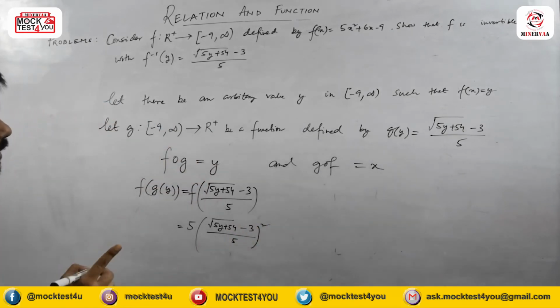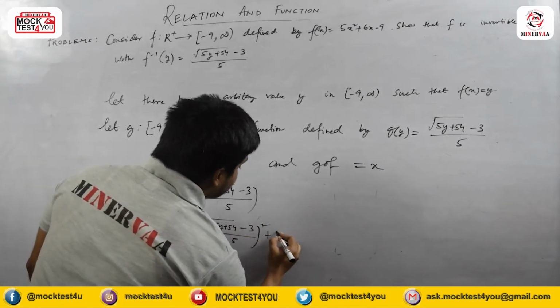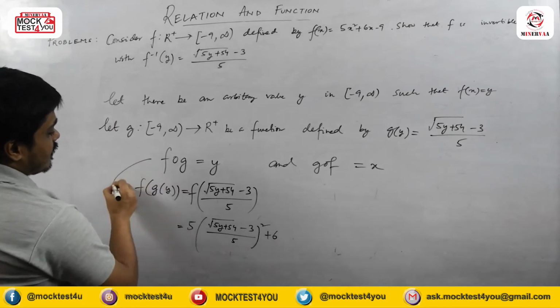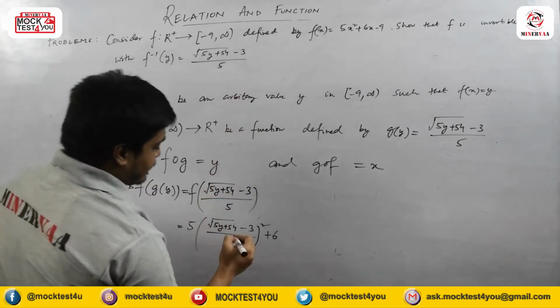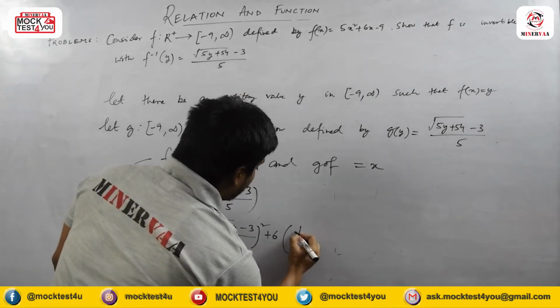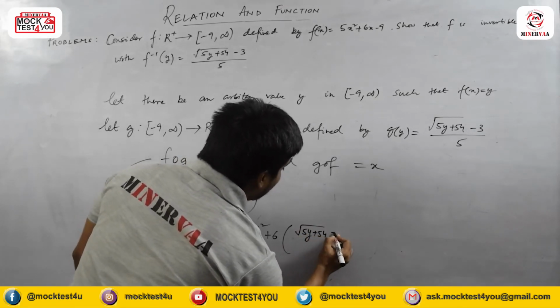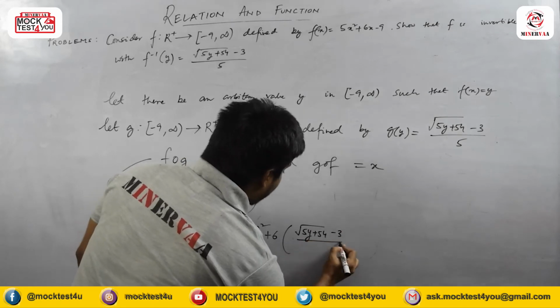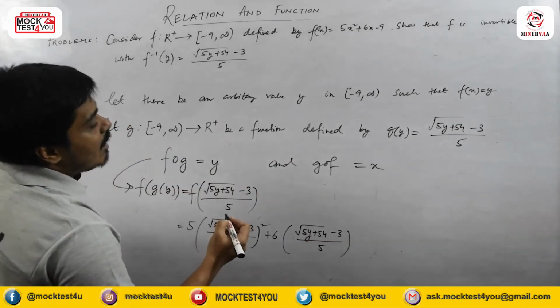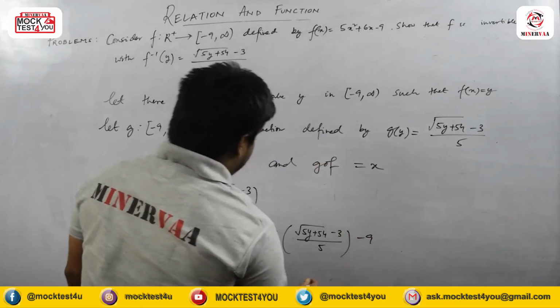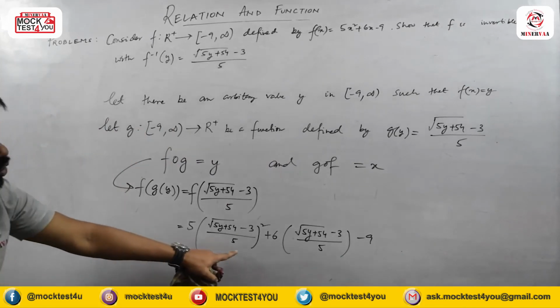Then plus 6 into, in place of x, again this one, root over of 5y plus 54 minus 3 divided by 5. Then we have minus 9. So let us solve this thing. So this is whole square, right?